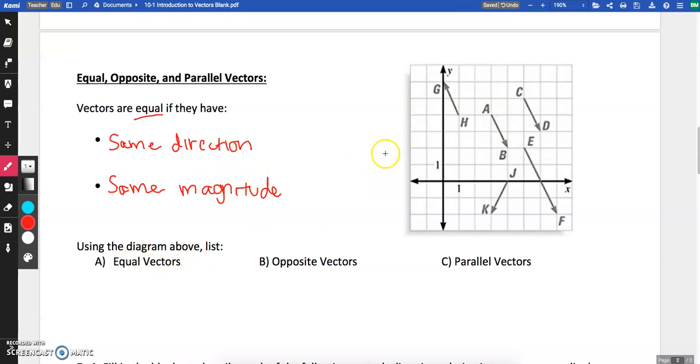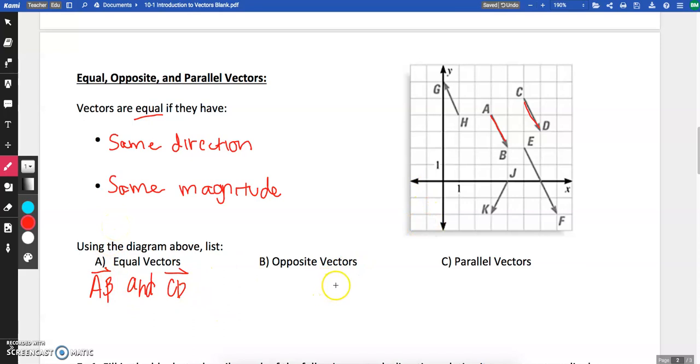So if I'm using this picture to list some equal vectors, I can see pretty quickly the vector right here and right here. Just from glancing at them, we'll do calculations eventually, but they look to be about the same magnitude, and they're going the same way. So I can say that vector AB and CD are equal vectors. Okay, so these two guys are equal.